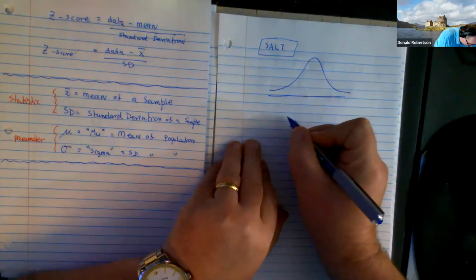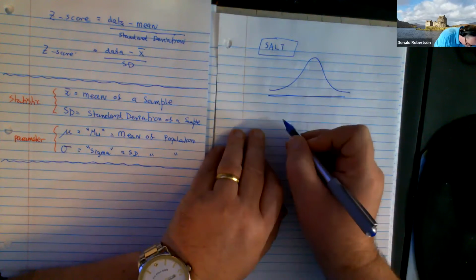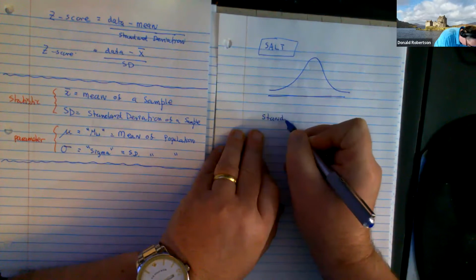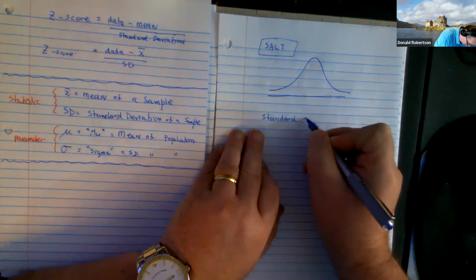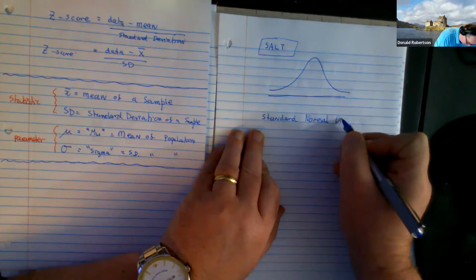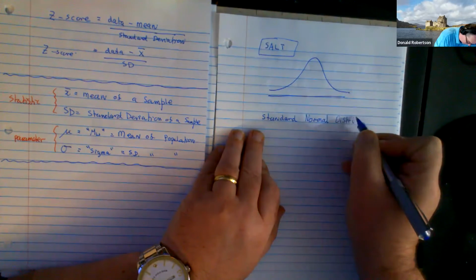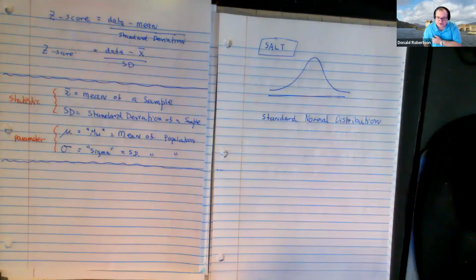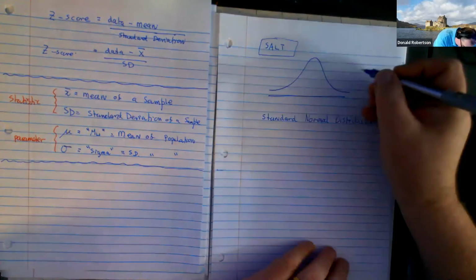We're going to look at a special version of the normal distribution, the standard normal distribution. It comes from z-scores.